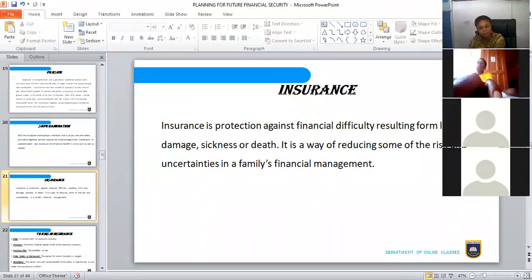The commonest one is health insurance: when you are sick and you have insurance, it covers the payment of your medical bills, part or all, depending on the kind of sickness the person is suffering from. And then death. People also take insurance so that when they are no more, their dependents can have something to depend on. So it's a way of reducing some of these uncertainties in the family's financial management.